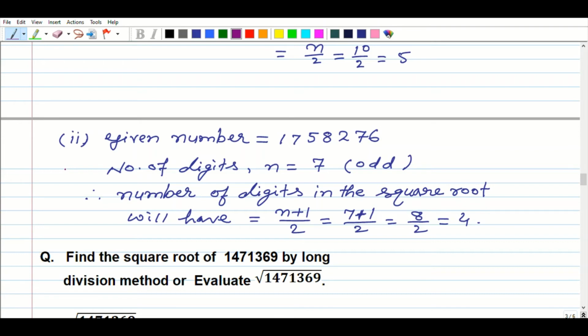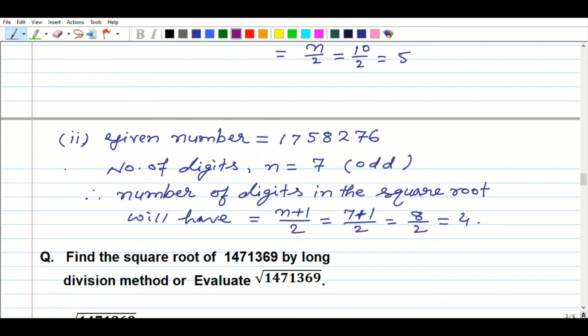Square roots or squares, cubes and cube roots require so much practice, and you must practice more and more. Then it becomes very easy. It requires multiplication, division, and the divisibility rule.